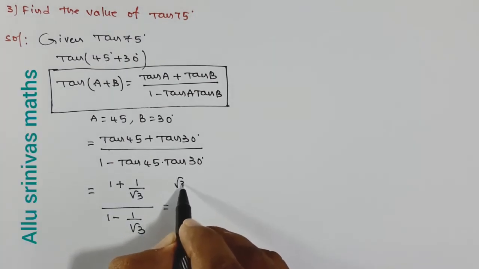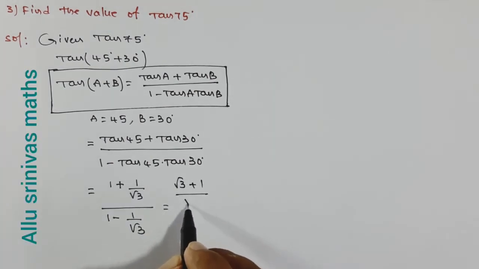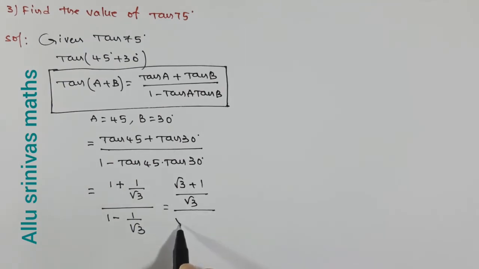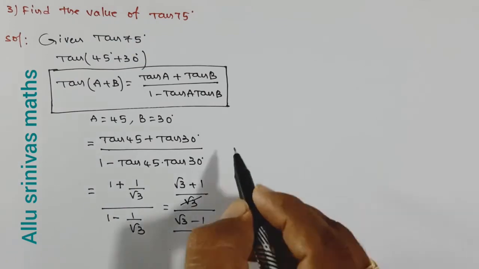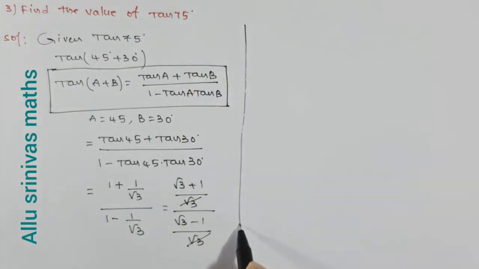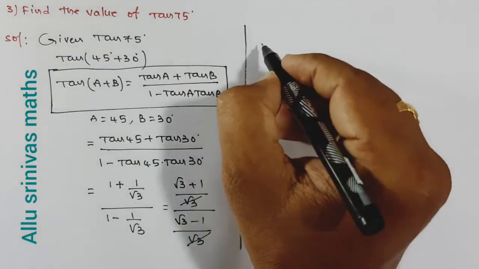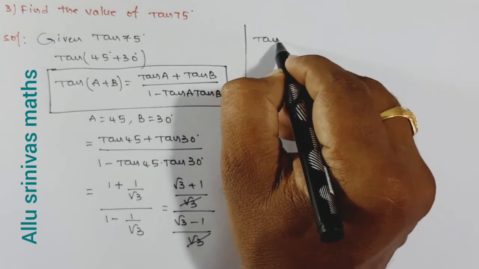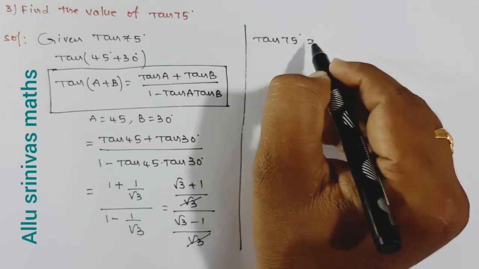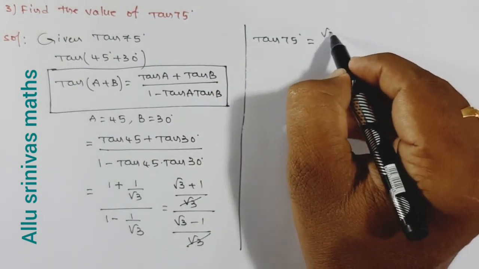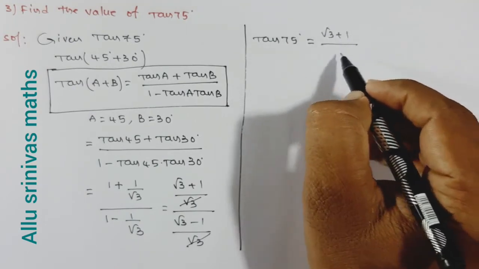Taking the LCM, the numerator is root 3 plus 1 by root 3 and the denominator is root 3 minus 1 by root 3. The root 3 cancels in numerator and denominator, and the remaining is root 3 plus 1 by root 3 minus 1.